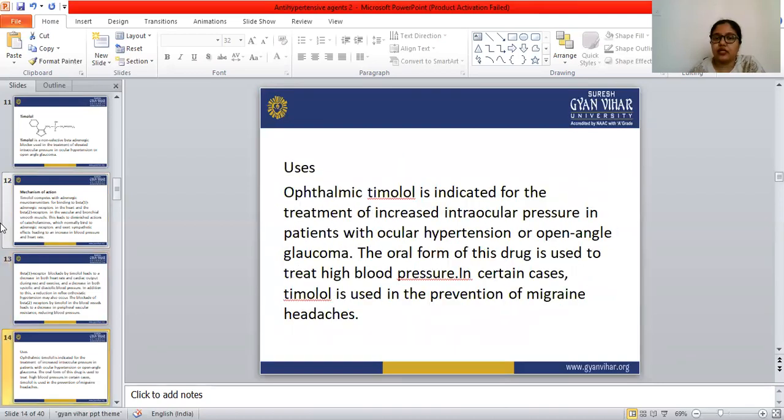Let's see the uses of timolol. Ophthalmic timolol is indicated for the treatment of increased intraocular pressure in patients with ocular hypertension or open-angle glaucoma.